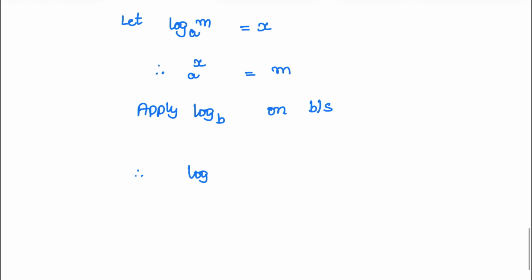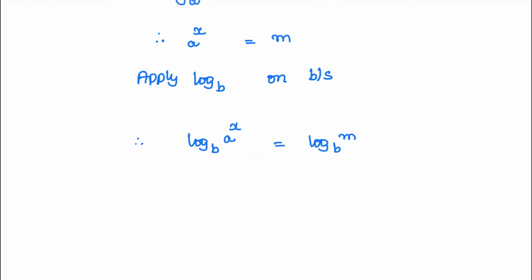Therefore, log a power of x base b equals log m base b. We know log a power of x base b equals x into log a base b, which is equal to log m base b.